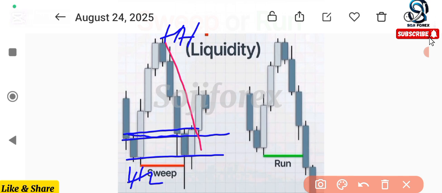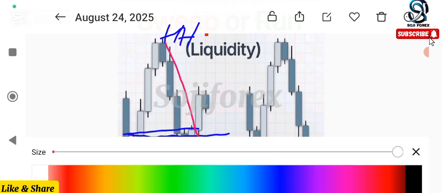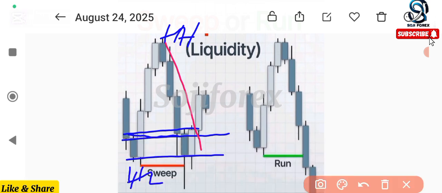So assuming you move to your lower time frame, and the rejection of this particular candle you are seeing here, this rejection can be a possible pin bar on a lower time frame, on 15 minutes, and then you bought on that 15 minutes.